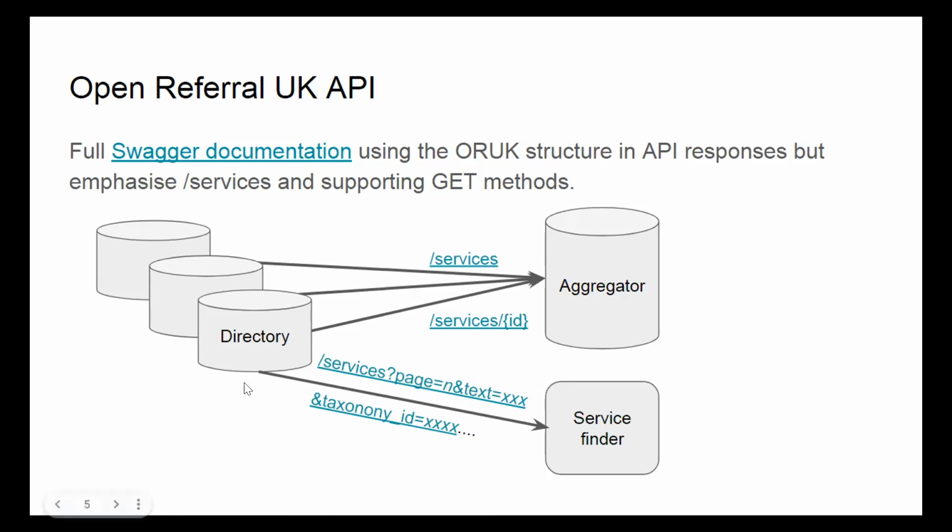I think the example I've used is get me services of a particular type defined by a particular taxonomy term. And that's the sort of query that a service directory could perform. And there are probably 6 or 8 parameters that we push for the /services method if you want to be able to query a directory directly without running your own database off it.